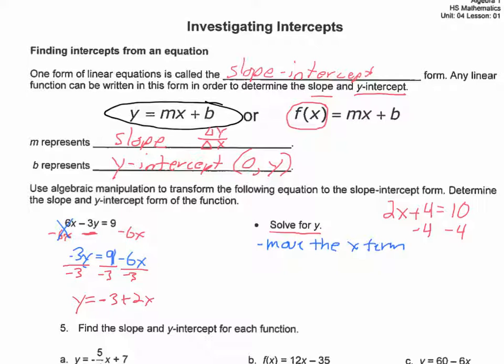All right, so the second step that we just did was to divide by the number in front of y.